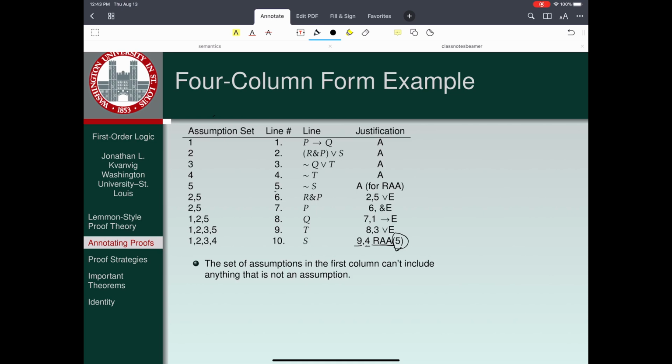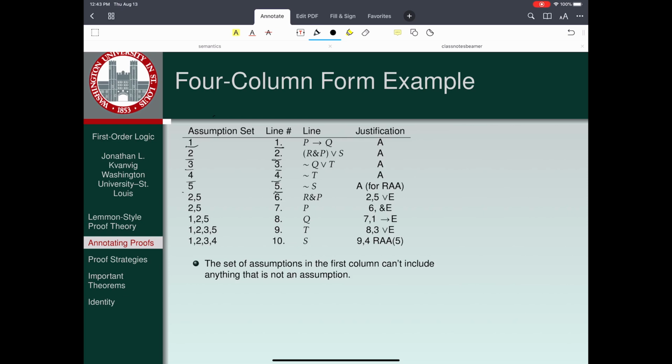The premises that we were given, 1 through 4, are all justified as assumptions. And every assumption has as its assumption set the very line in question. So when we get to line 5, that's not an assumption that we were given in the problem. That's an assumption that we made, but it gets justified in the same way. It's an assumption, and its assumption set is line 5.